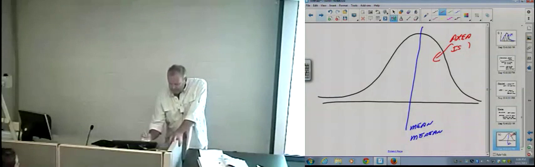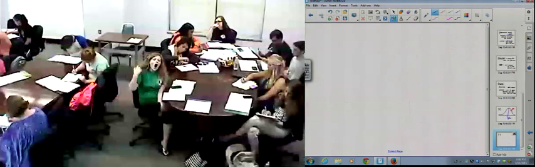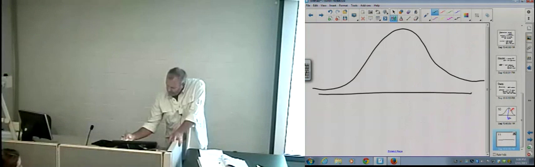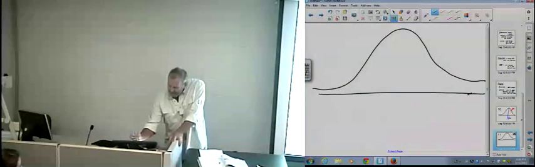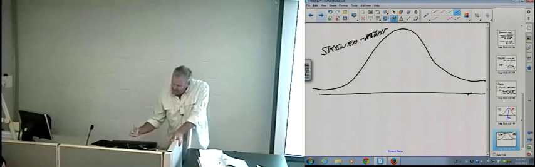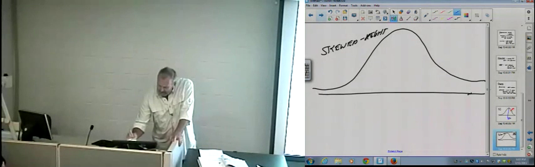Now, one more. If I drew one that looked like this, what would you tell me that one is? That is skewed right. I have a tail going to the right. What do I expect the relationship between the mean and the median to be? Now you understand the median's got to be somewhere here.